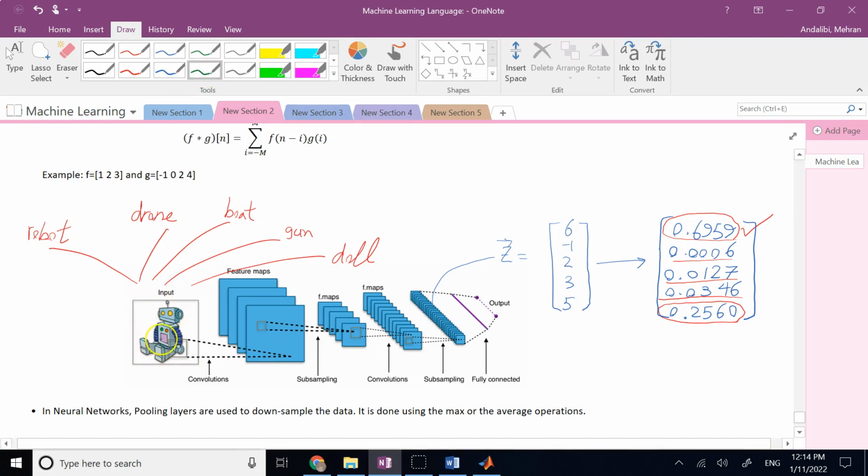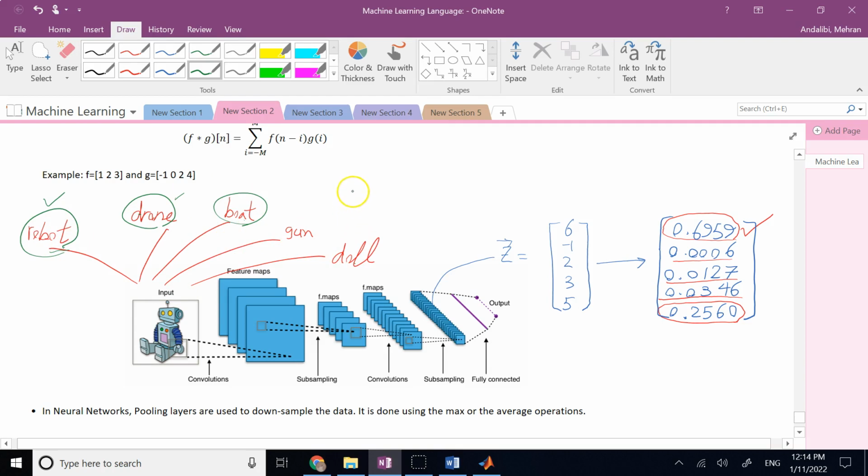You say, hey, is this picture a robot or a drone? You do just a binary classifier. You get a number here. It says, I think it is a robot. Then you say, well, is that a drone or a boat? You get some vote here. Is that a robot or a boat? Is that a robot or a gun? Is that a doll or a gun? You choose all different pairs of the classes.